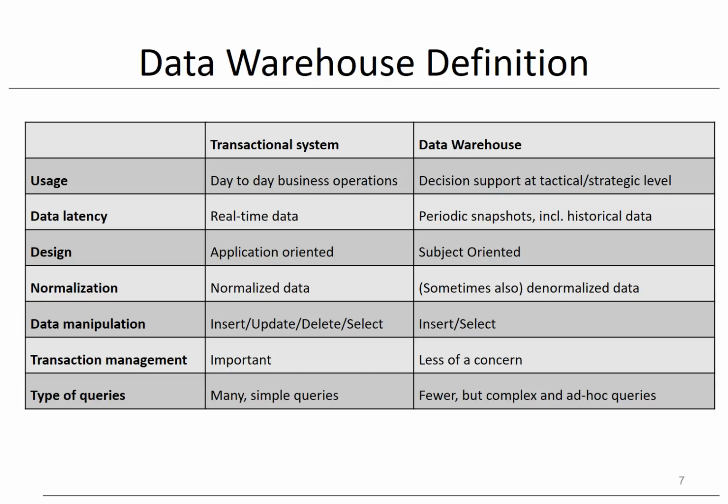Transaction management is important for transactional systems, but less of a concern for a data warehouse, since data is mostly retrieved. Finally, a transactional system processes many simple queries, whereas a data warehouse processes fewer but complex and ad hoc queries.